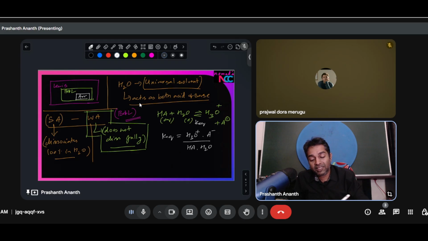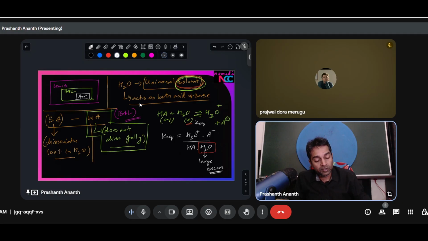Now, the next piece which comes out over here is this concentration of water we can calculate over here because it's a liquid. Liquids are going to be having a constant density and the water is going to be the solvent in this particular case here. What is the idea behind using it as a solvent? It is going to be in large excess. So large excess is what this fellow is going to be present in.